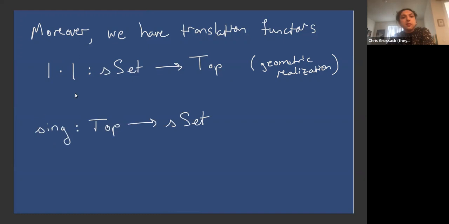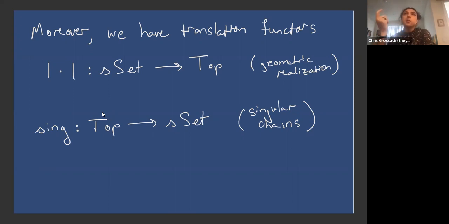We also have this functor in the other direction called Sing, for singular chains. And what does this do? Well, if you give me a topological space, I'm supposed to give you some simplicial set. And I do this in simultaneously the dumbest but the most canonical way.